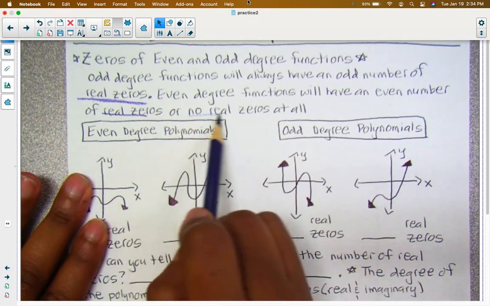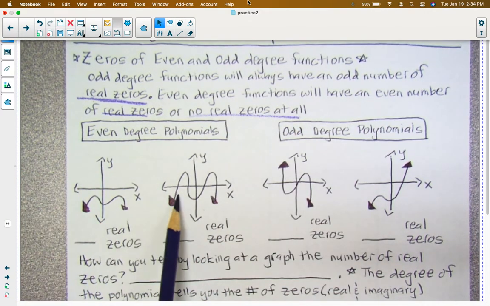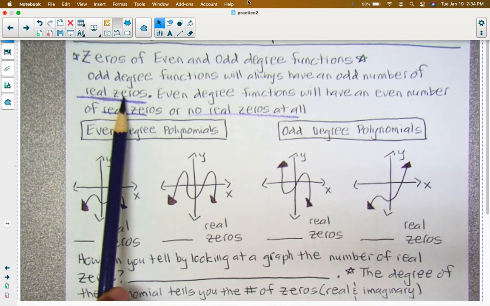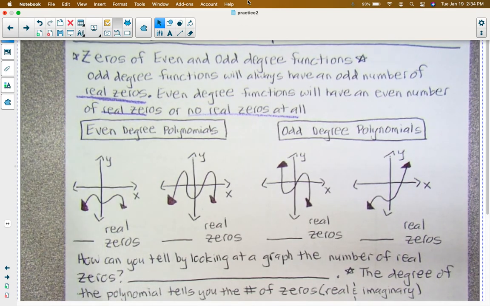So let's go through these words before we take a look at these graphs and try to figure out which is which. It says if I have an odd degree function, so degree 3, degree 5, degree 7, there'll be an odd number of real zeros. Real zeros is where your graph crosses the x-axis. So you graph it, use Desmos, ta-da, look and see where it crosses the x-axis.